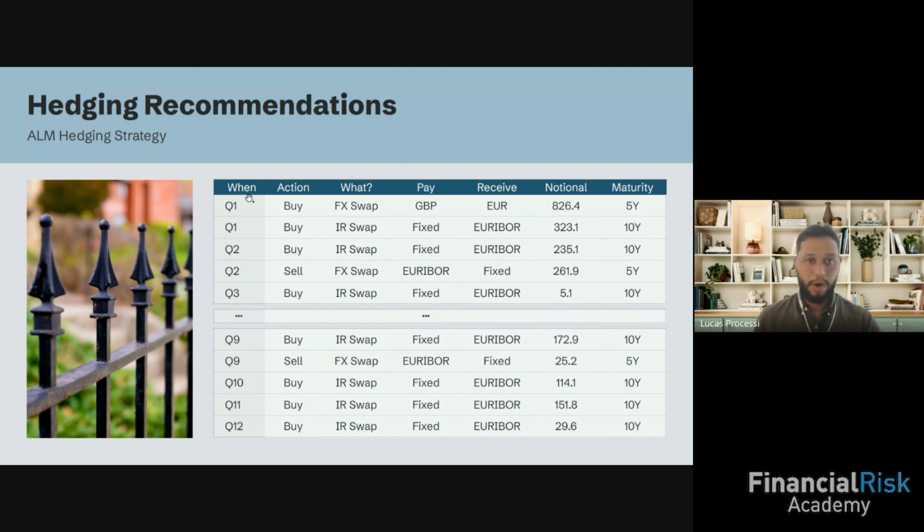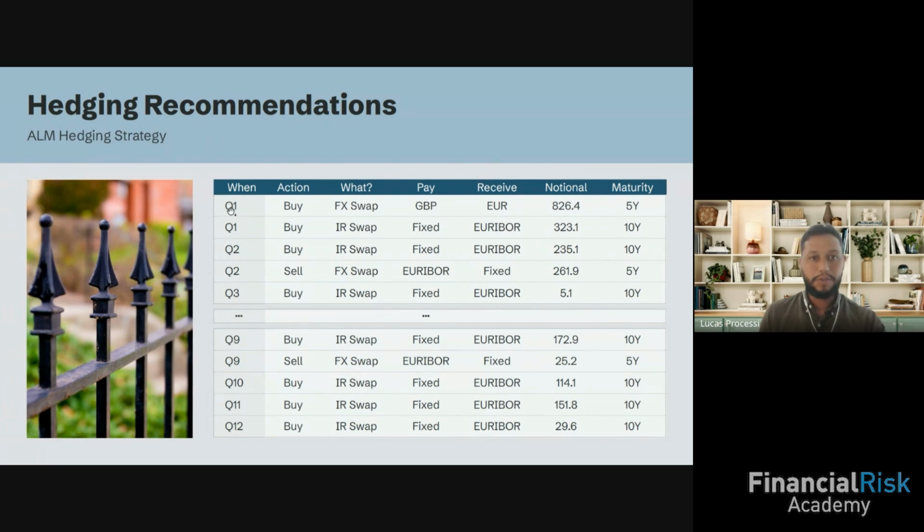All these swaps are bought or sold by the model in order to manage the interest rate risk, the foreign exchange risk, and also the liquidity risk. So we are considering those swaps also in terms of margin requirements, and they also impact the liquidity risk. So these are the recommendations being produced by the model.